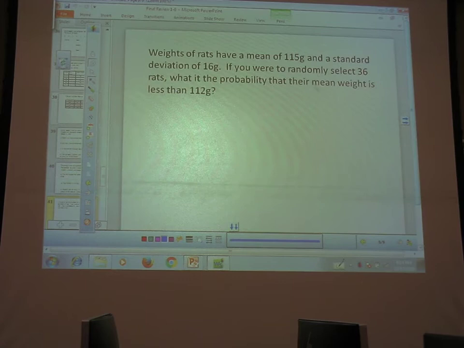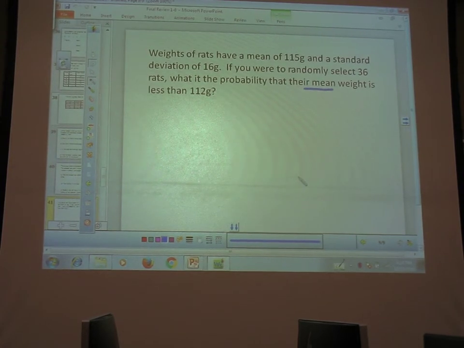Because we're talking about the mean weight of 36 rats, not one puppy, not one rat. So what's our symbol for the average, the sample mean? X bar. We're talking about a sample, the sample mean.